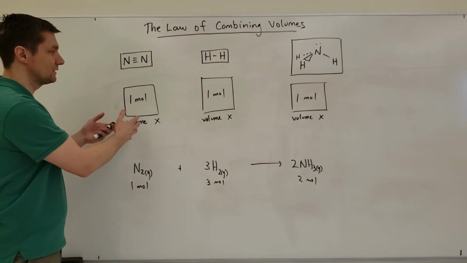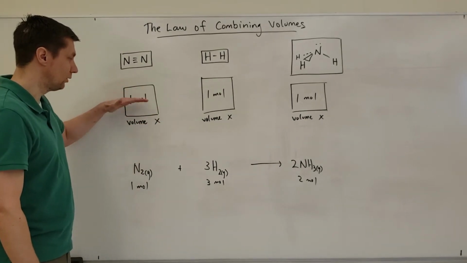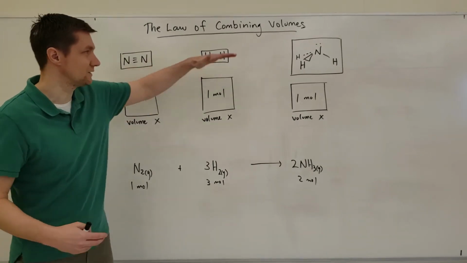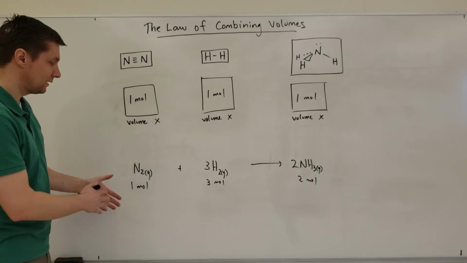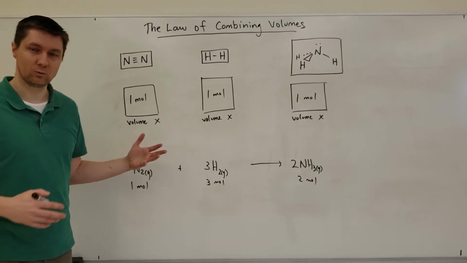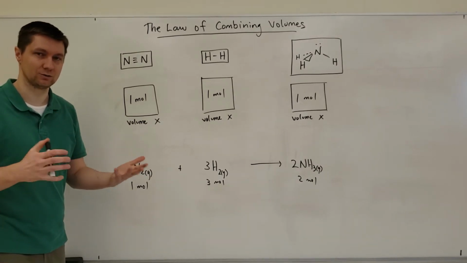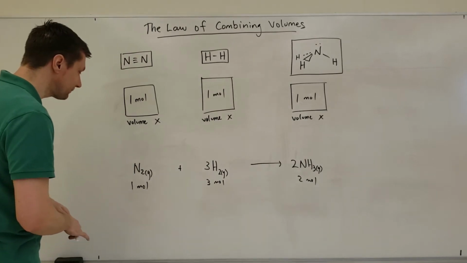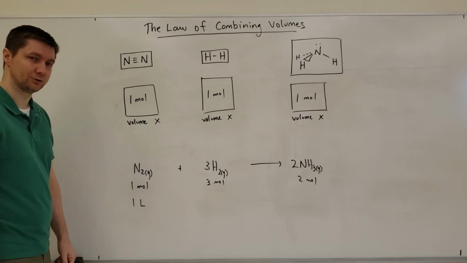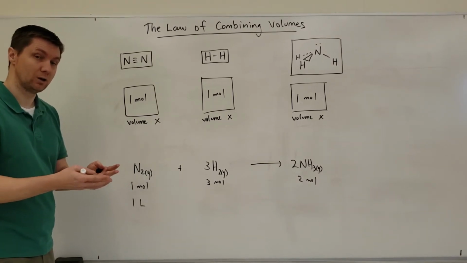But now, because gases also follow this same concept where 1 mole is going to occupy the same volume, whether it's this gas or this gas, I can also now use units of volume to predict what the amounts are going to be that are produced, in units of liters or milliliters or whatever. So, for example, if I had 1 liter of nitrogen, again, that's going to have a certain amount of molecules in it.